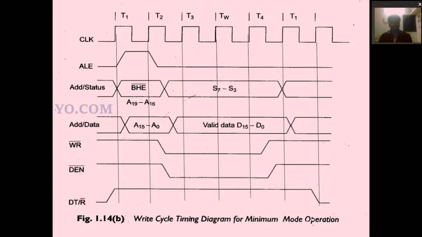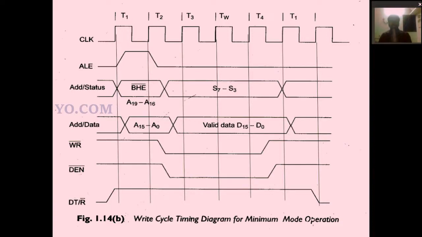So it is a very important question. Just understand what signals are present and how they are activated. Initially, first ALE is enabled, and ALE enables the address bus. Okay, then after enabling the address bus we can provide the read signal or write signal.